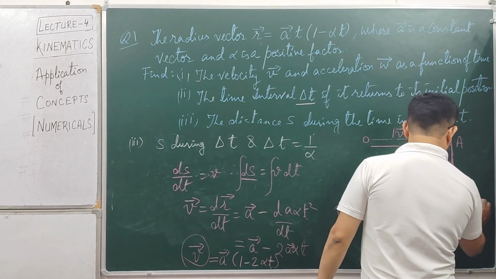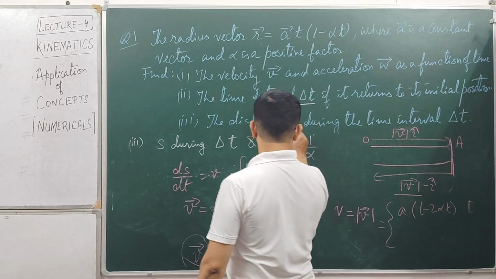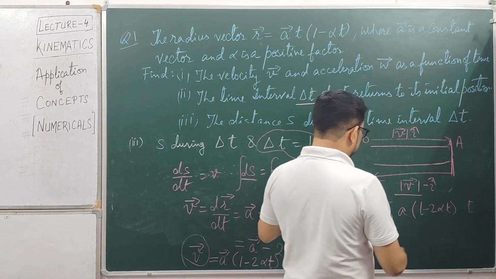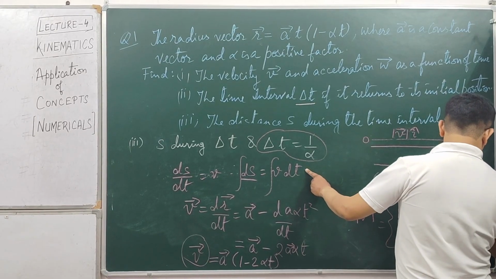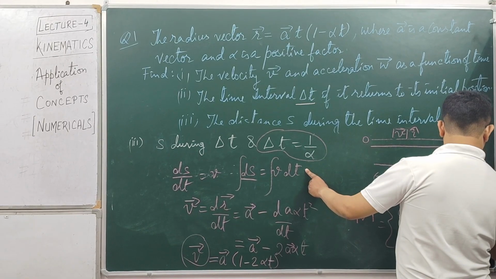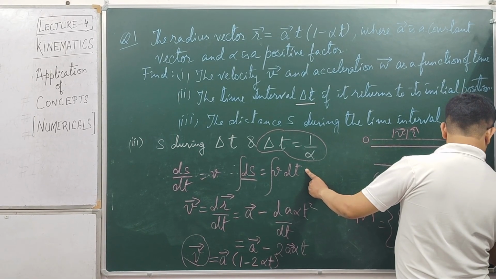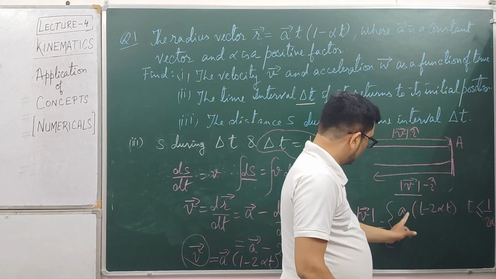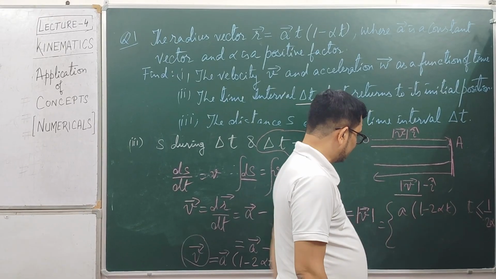So for when the time t, now we got this delta t as 1 over α, which means that if this time t is less than or equal to 1 over α divided by 2, so half of the time, it is a(1 - 2αt).